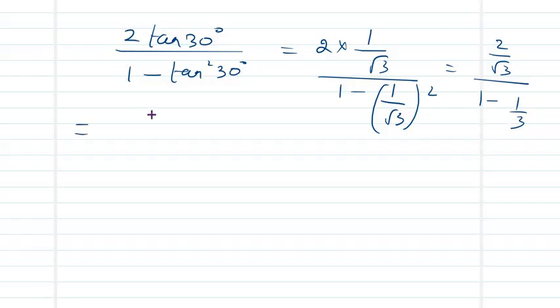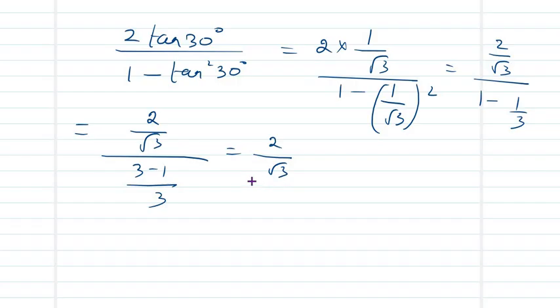Now we simplify: 2 by root 3 divided by 3 minus 1 by 3, which is 2 by root 3 divided by 3 minus 1, which is 2 by 3.